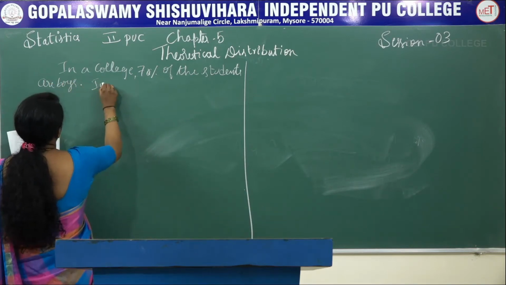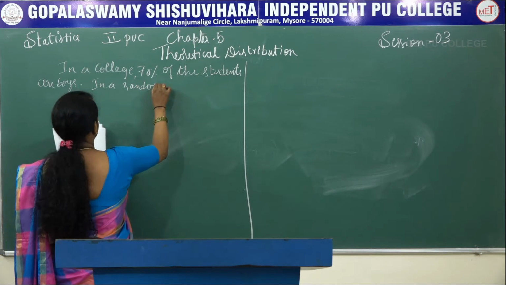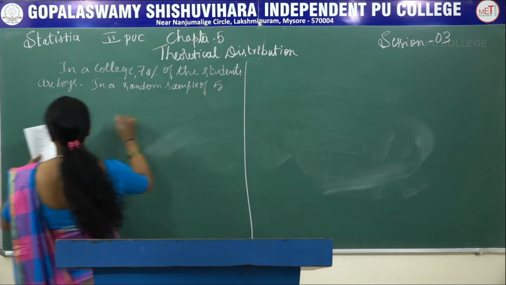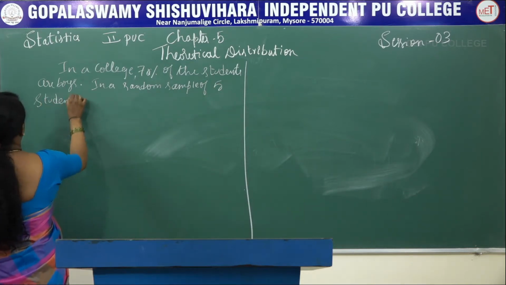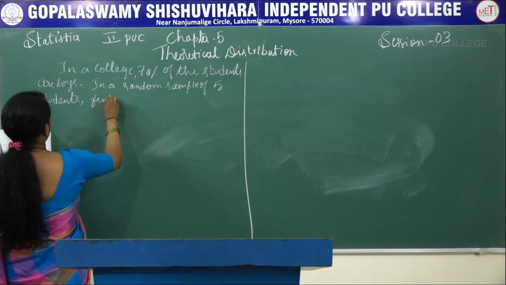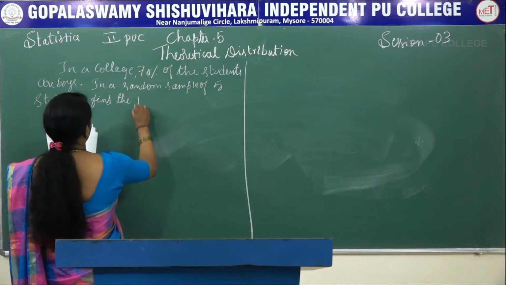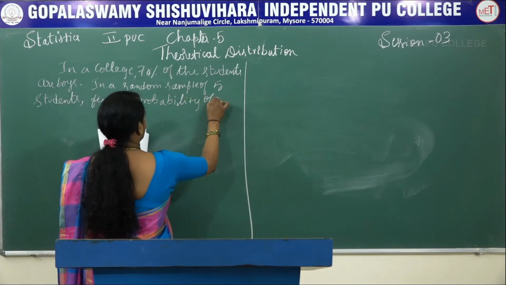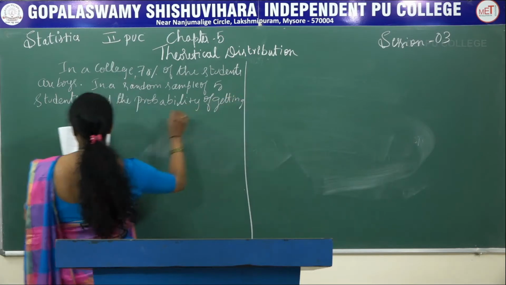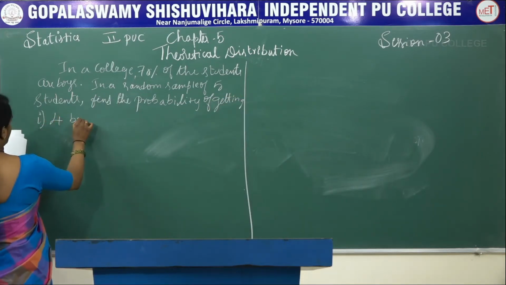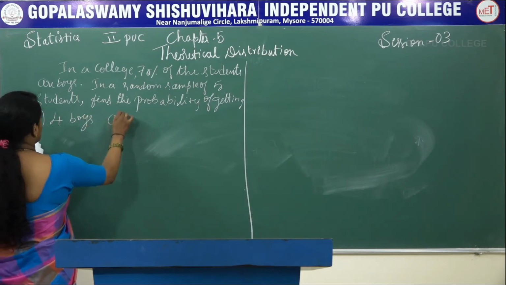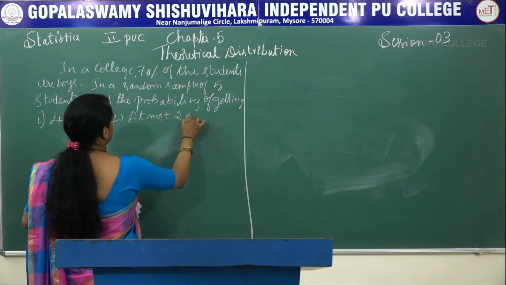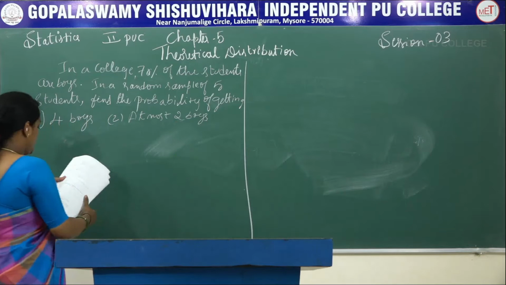In a random sample of 5 students, find the probability of getting, first question, 4 boys, second question, at most 2 boys. This is the problem.